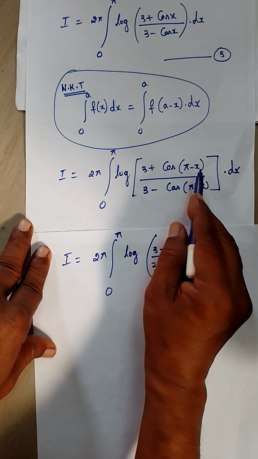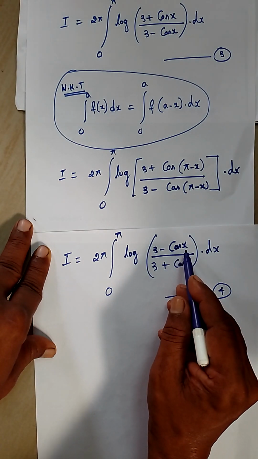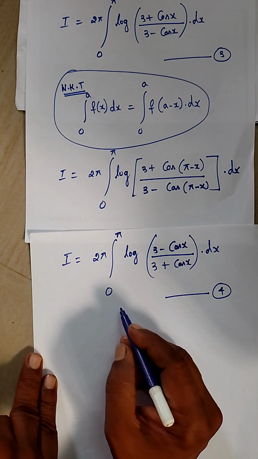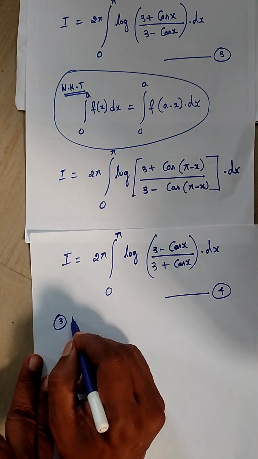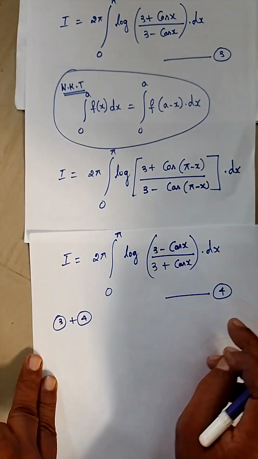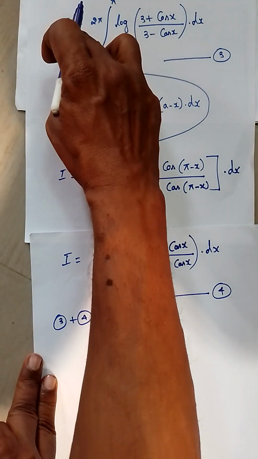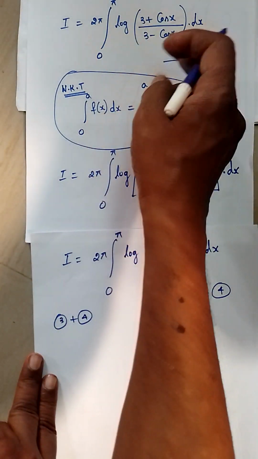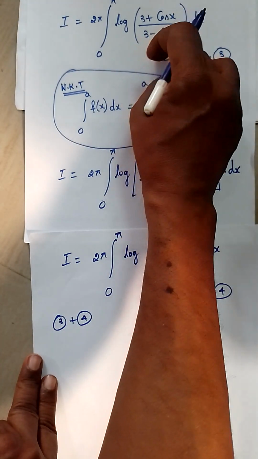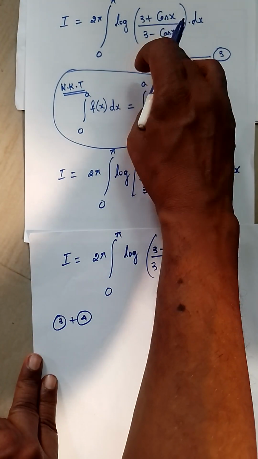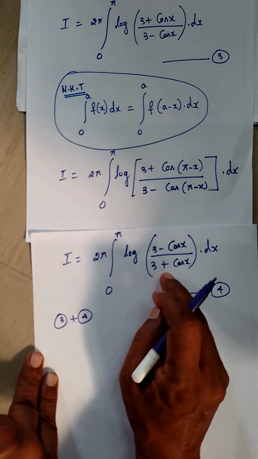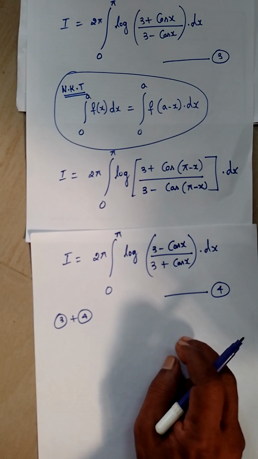See, cos of pi minus x is nothing but minus cos x, and that's how we got this next step. Now adding the third equation and the fourth equation: the left hand side we have I, and the right hand side we have 2 pi integral 0 to pi of log of (3 plus cos x) divided by (3 minus cos x), and here log of (3 minus cos x) divided by (3 plus cos x).